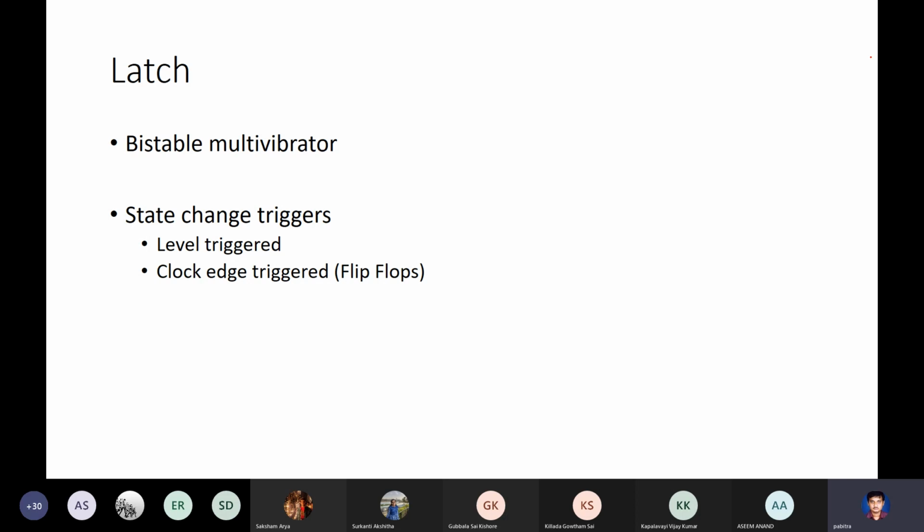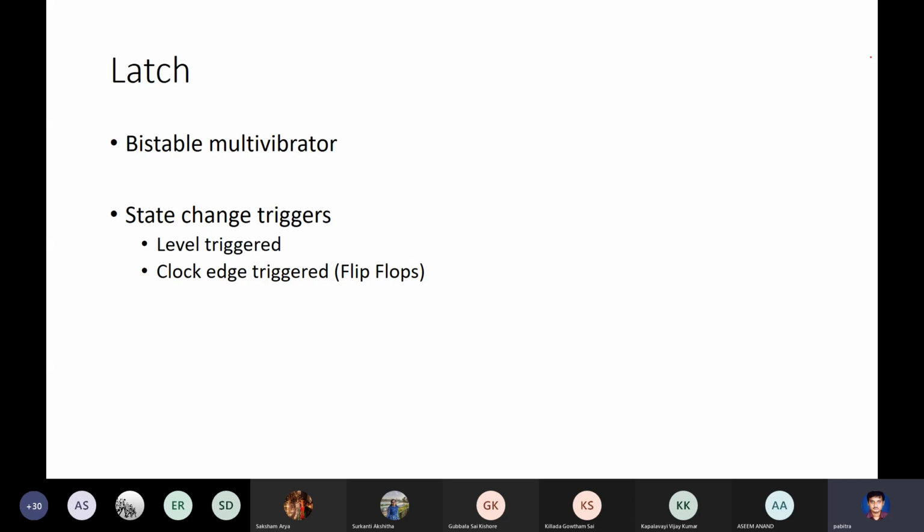Say I'm using k bits, so k latches. The clock should happen at the same time. It should synchronize them, and the output should change only at the clock. Such synchronous latches are given a special name called flip-flops.